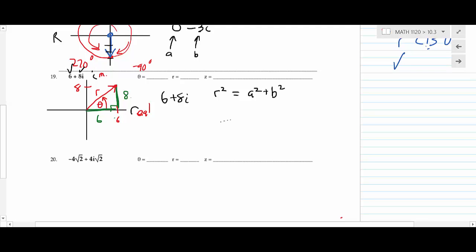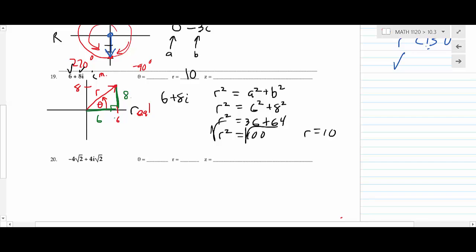So that's 6 squared plus 8 squared, so r squared equals 36 plus 64. So r squared equals 100. So what's r? 10, right? Because you can take the square root of both sides. So you get r is equal to 10. Okay, so we have that.